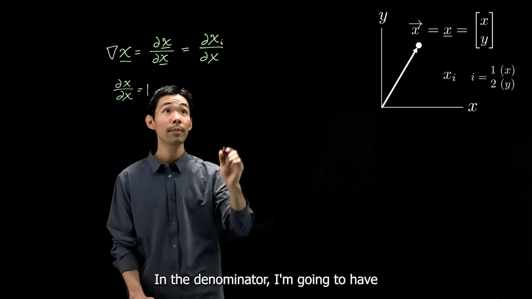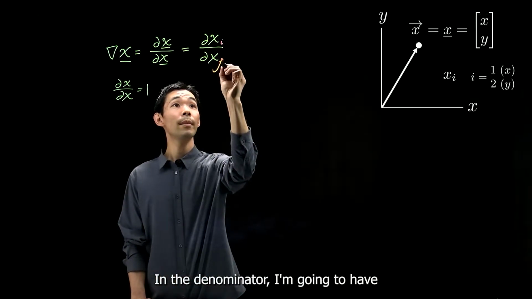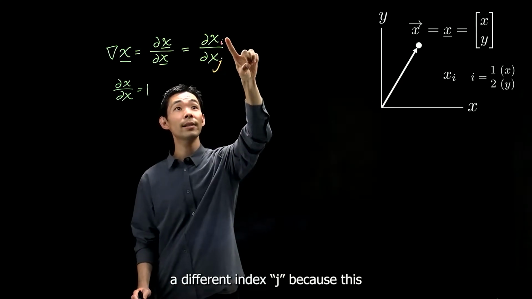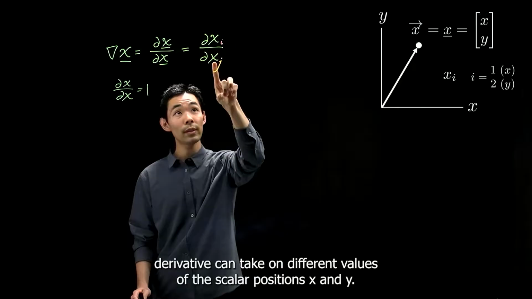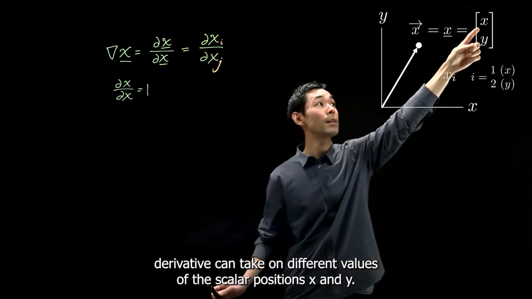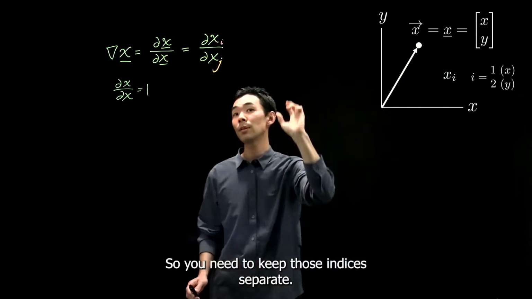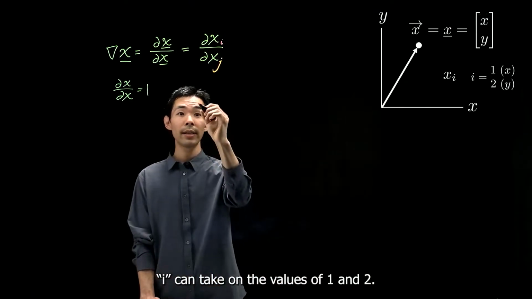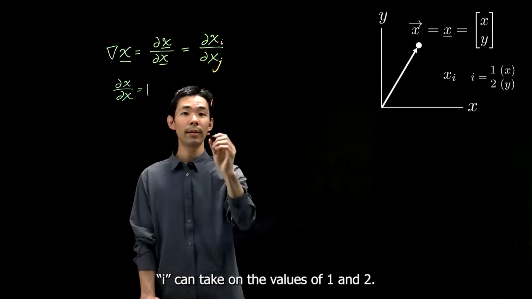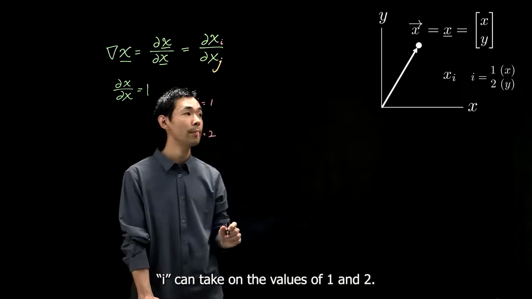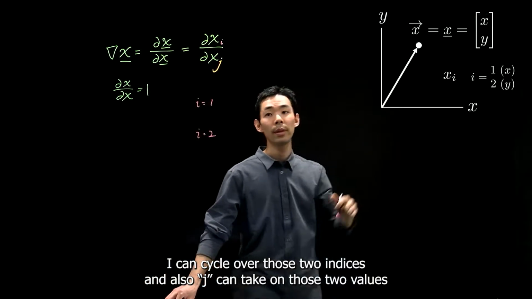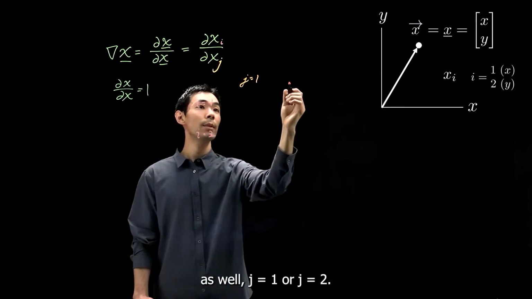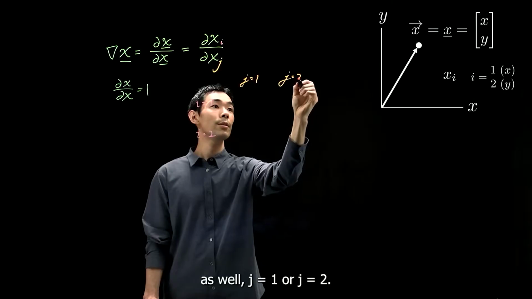And then in the denominator, I'm going to have a different index j because this numerator x vector and this denominator x partial derivative can take on different values of the scalar positions x and y. So you need to keep those indices separate. Okay? So i can take on the values of 1 and 2, right? It can cycle over those two indices. And then also j can take on those two values as well. So j can be 1, j can be 2.